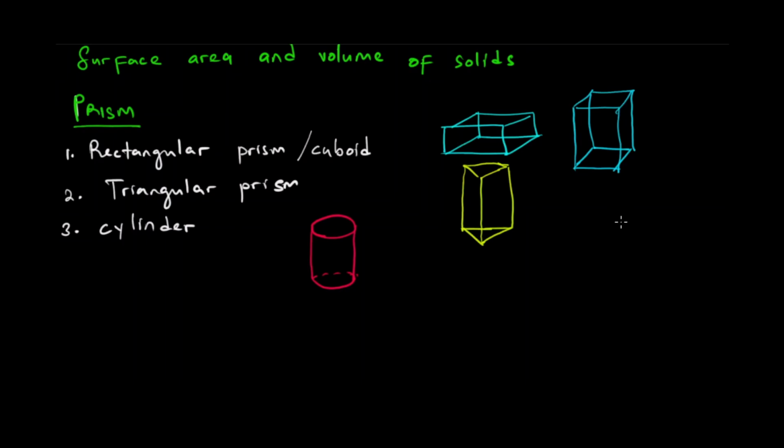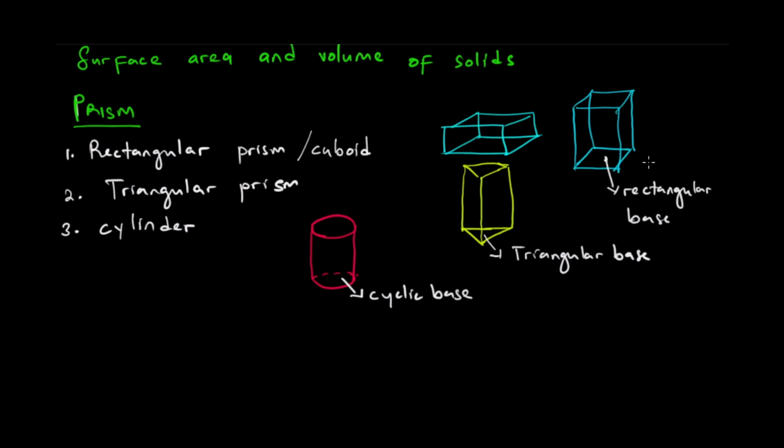Murukona. Saka, for a rectangular prism, we have a rectangular base. Saka, this is a rectangular base. For a triangular prism, tine a triangular base. And lastly, for a cylinder, tine a cyclic base.